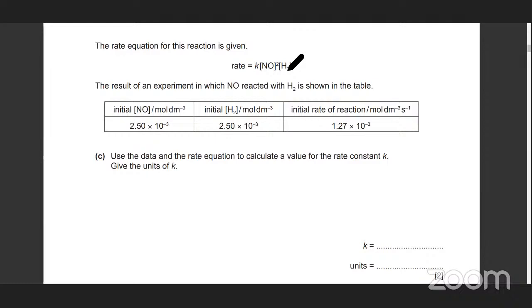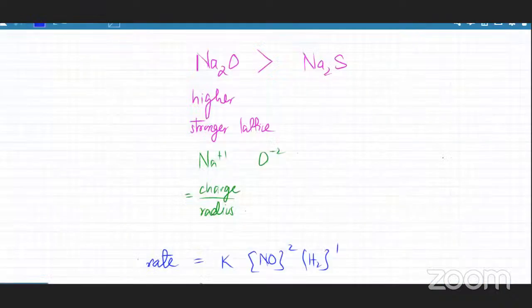So I'm going to input the values. Rate is 1.27 times 10 to the power minus 3, divided by NO concentration squared. NO concentration is 2.5 times 10 to the power minus 3.